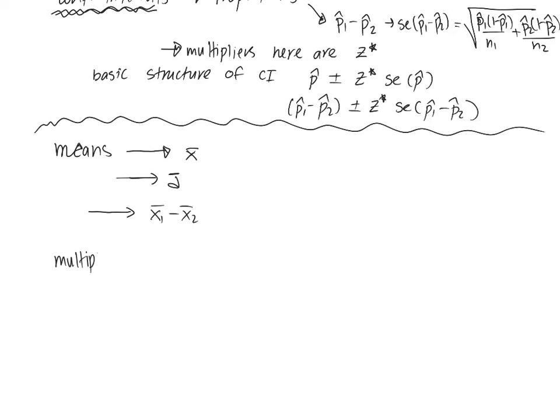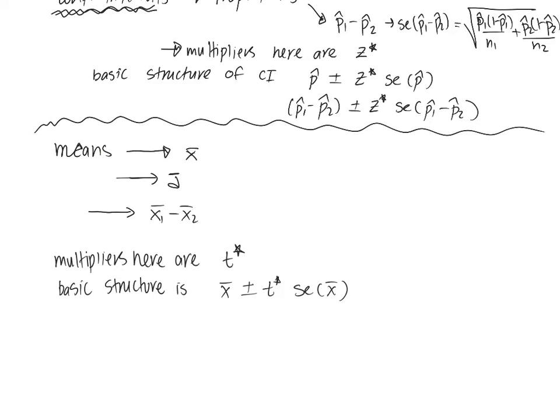Multipliers here are T star, and the basic structure is X bar plus or minus T star standard error of X bar. Same thing with D bar, or X1 bar minus X2 bar.